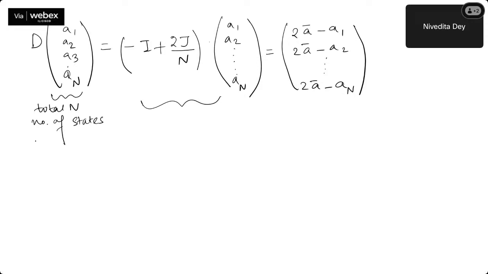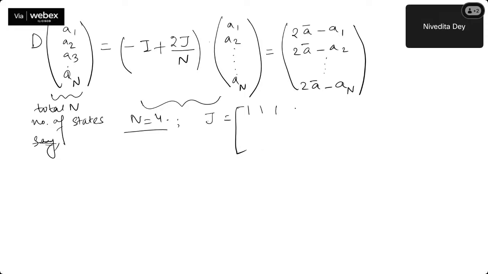For that, say for example, okay, let us just show it once. So let me take, say, n equals 4. 4 number of states. Okay, so your J will be nothing but what? J will be a 4 cross 4 matrix with all entries 1. That was the logic, right?